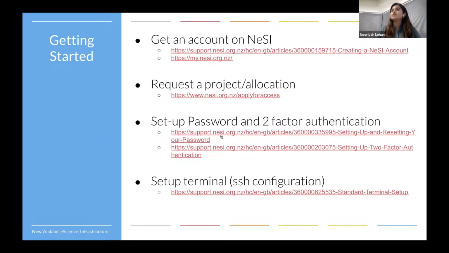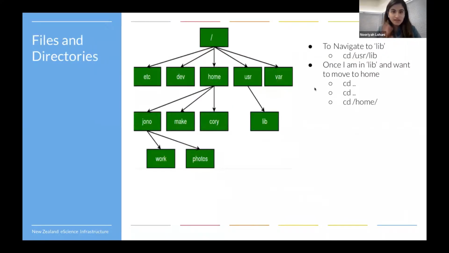Then you can set up a password and two-factor authentication, which will help you log into the cluster. Lastly, you will be required to set up your terminal with your SSH configuration, so you can then SSH into Mahuika straight away. I will show you what I mean in the demo a little bit as well.